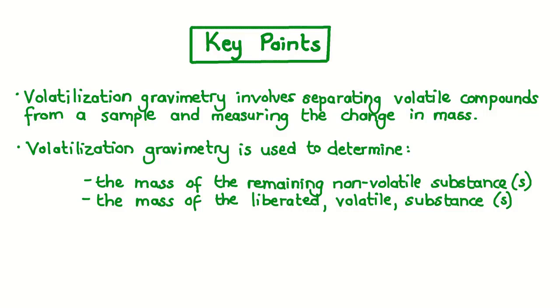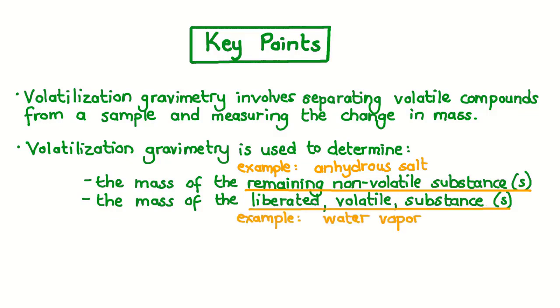We looked at specific examples of hydrated salts, where the remaining non-volatile substance is an anhydrous salt, and the liberated volatile substance is water vapor, which comes from the water of crystallization in the hydrated salt.